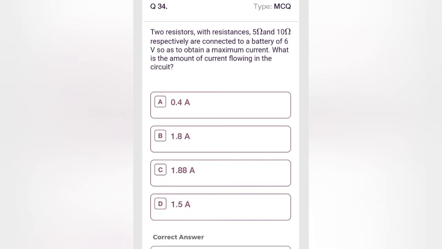Two resistors with resistance 5 ohm and 10 ohm respectively are connected to a battery of 6 volt. To obtain maximum current, when will we get a maximum current? We will get maximum current in the parallel connection.